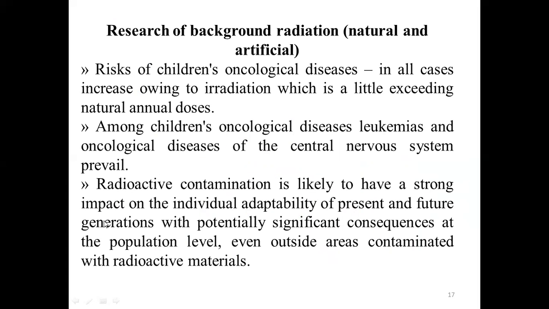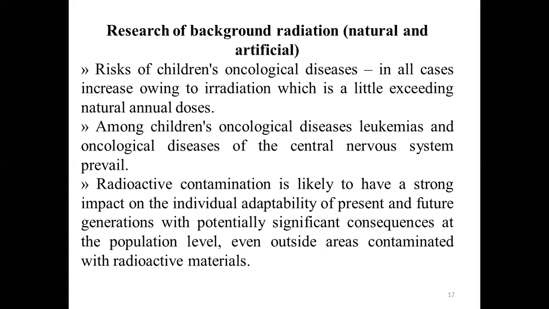Research of background radiation, natural and artificial. What we have? As a result, we have risks of children's oncological diseases. In all cases, there is an increase owing to irradiation, which is a little exceeding natural annual doses. Among children's oncological diseases, leukemias and oncological diseases of the central nervous system prevail.